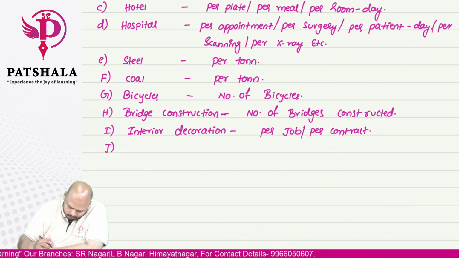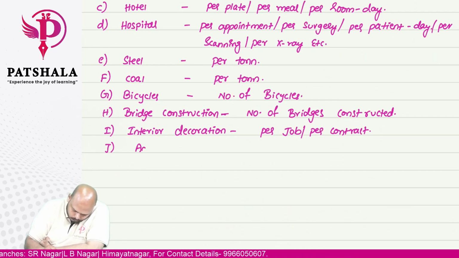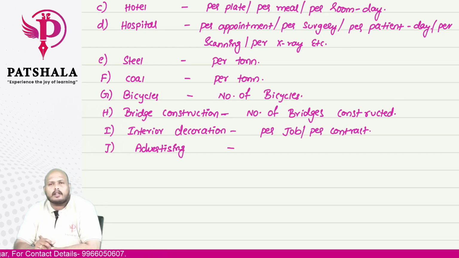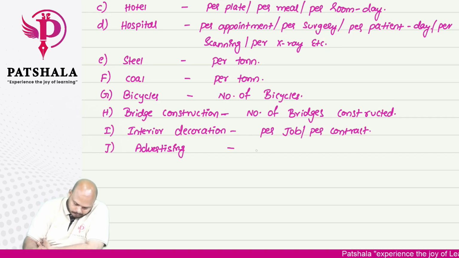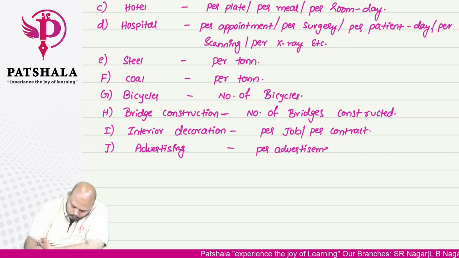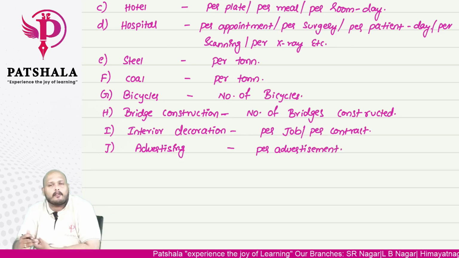Advertising. Advertising is a very big, huge market. We cannot say any one particular unit of cost measurement. Generally, we will say per advertisement, because it differs by type of advertisement.